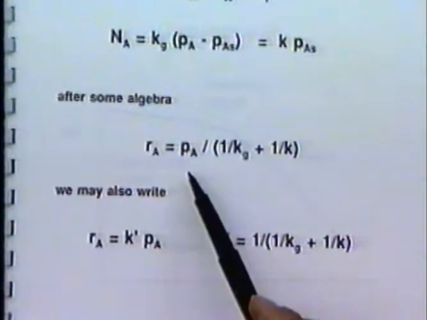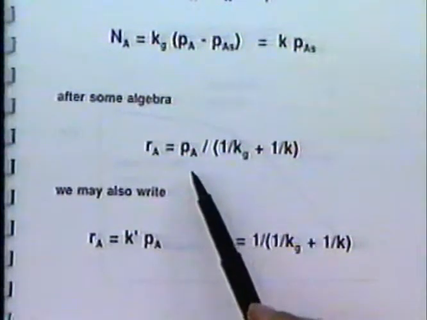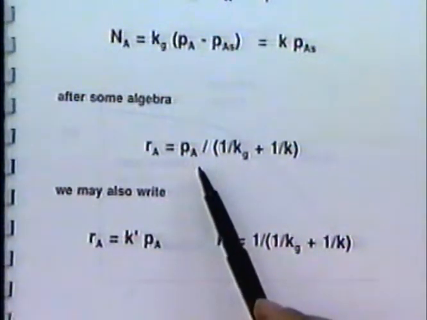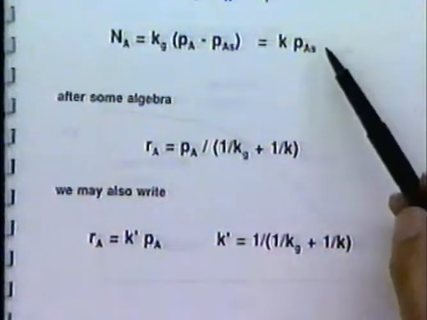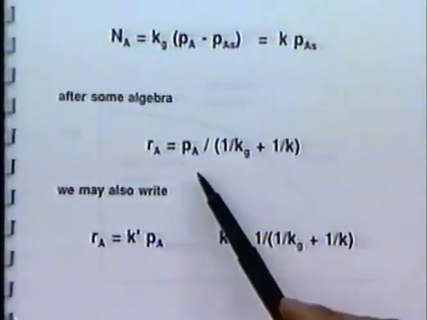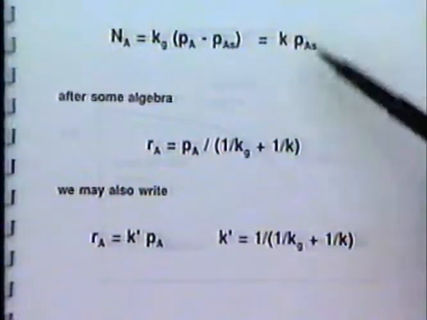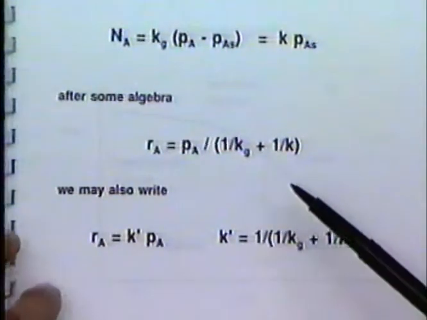This partial pressure can be measured with our instruments in the lab. It is very difficult to measure PAS, but it's easy to measure this. So that's why we got this equation.